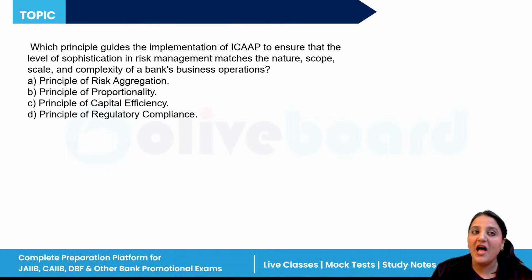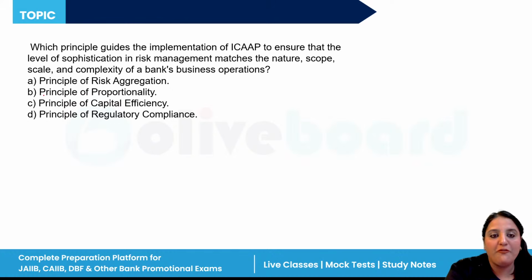The implementation of CAIIB should be guided by this principle because banks are encouraged to adapt sophisticated approaches, and RBI expects the degree of sophistication adopted in CAIIB to be proportionate. So the principle of proportionality is the correct answer here.